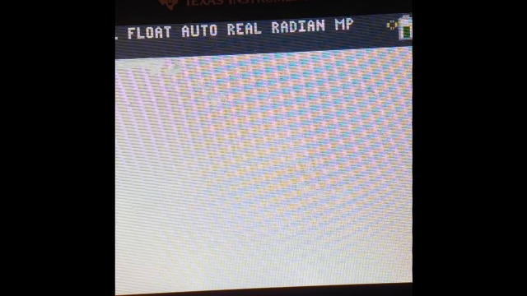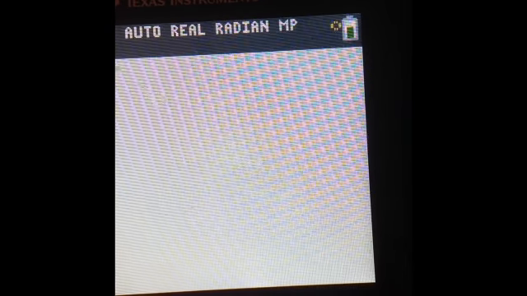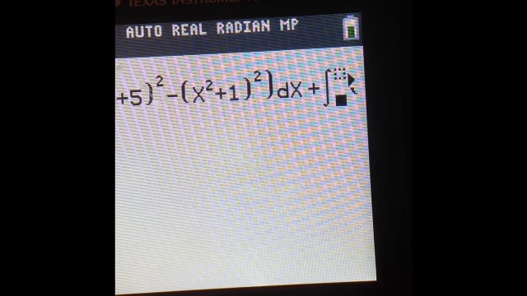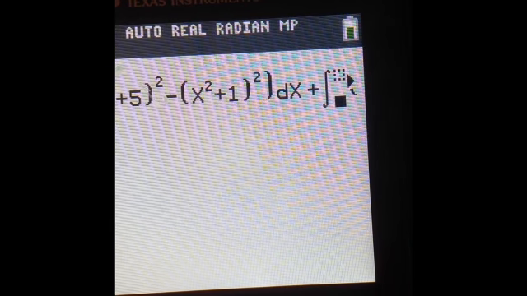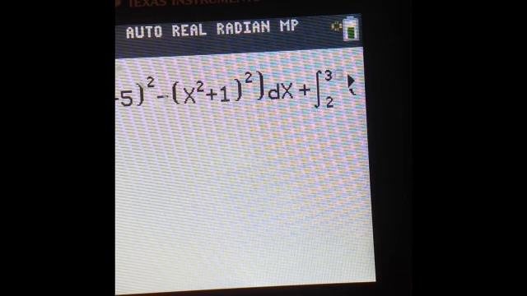And then you could keep on going, plus, then we're going to do Math 9. And we're going to do 2, 2, 3.